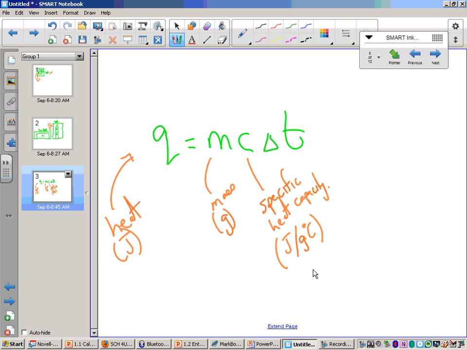You may come across questions, I hope I don't have any questions in my handouts, but in the future you will come across questions that just deal with the heat capacity, all right? Now don't write this down, but the heat capacity, which is a little different than the specific heat capacity, is if you combine the M and the C. If you combine the M and the C, chemists call that capital C, and they just call that the heat capacity.